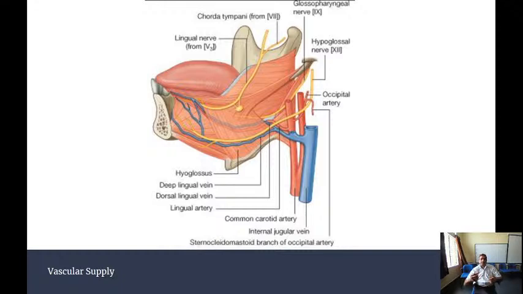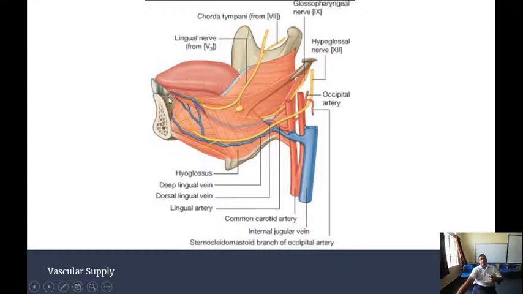The general sensations like touch, pain, temperature, and pressure are carried by the lingual nerve, which is a branch of the mandibular division, that is V3. So that is as far as the general sensation is concerned.